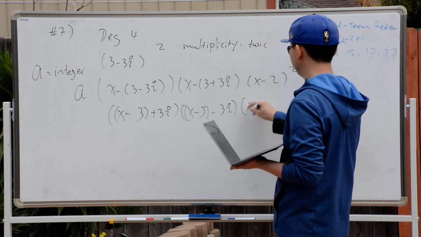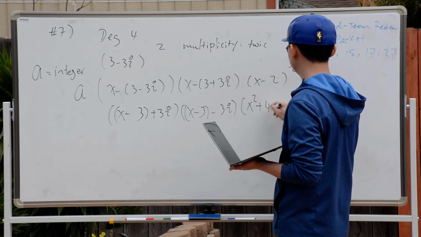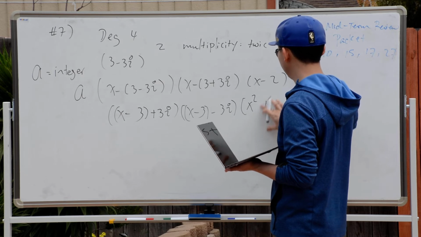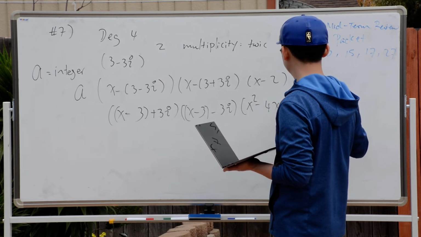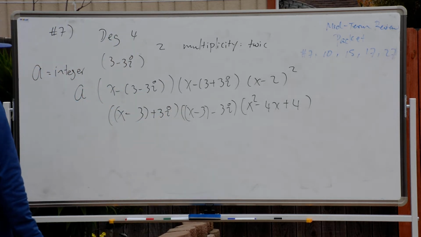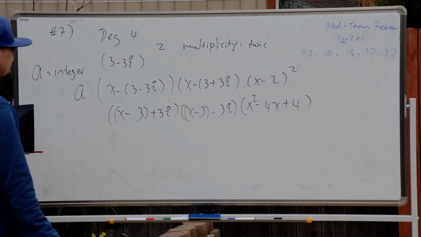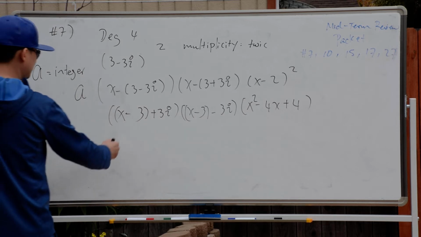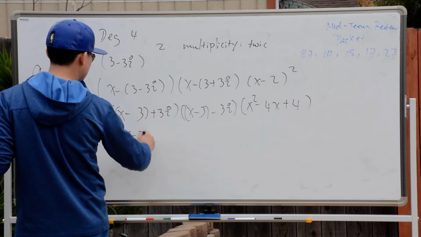So once you expand it, it's x squared minus 4x plus 4. It's a perfect square trinomial. And then the rest of this, you can use the conjugate or the difference of two squares formula. So x minus 3 quantity squared.